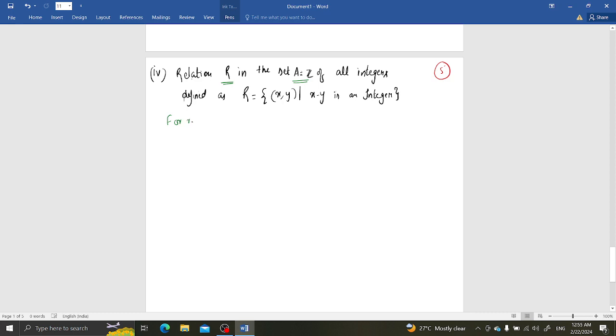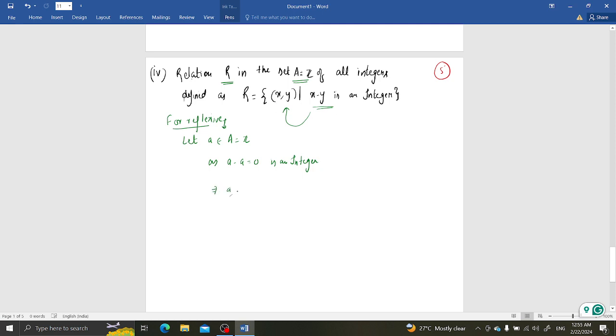For reflexive, how you can write reflexive? Let A belongs to A equal to Z, that is set of integers, as A minus A, that is equal to 0, is an integer. Then if this property holds, then that will belong to the relation.